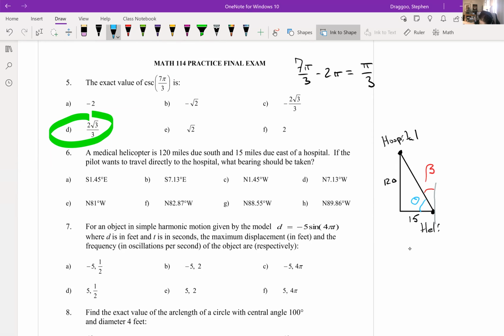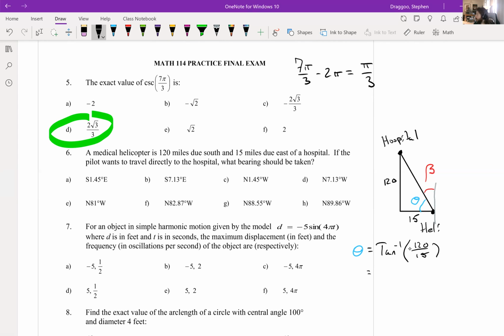I guess we'll start by getting theta down here. And if I'm looking for theta, I know my opposite side and my adjacent side. So I'll use an inverse tangent down here. Theta should be equal to the inverse tangent of 120 over 15.